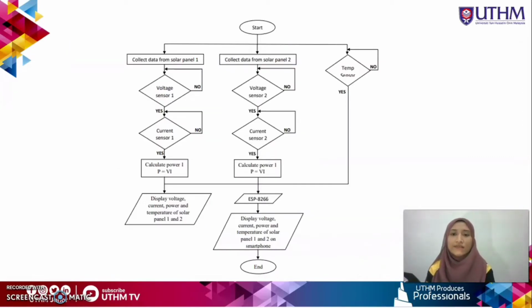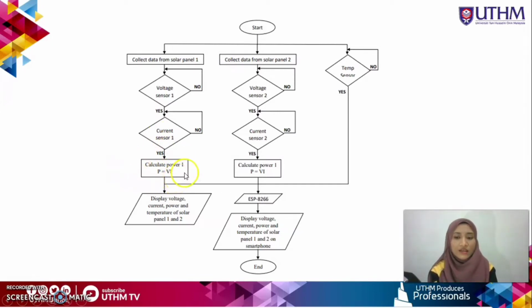So this is the flowchart of this project. First we are going to collect data from solar panel 1 and solar panel 2, and also the temperature sensor. Then from the solar panel, we go to the voltage sensor. The voltage sensor will detect the voltage. If yes, it will proceed to the current sensor. If the current is detected, it will calculate the power.